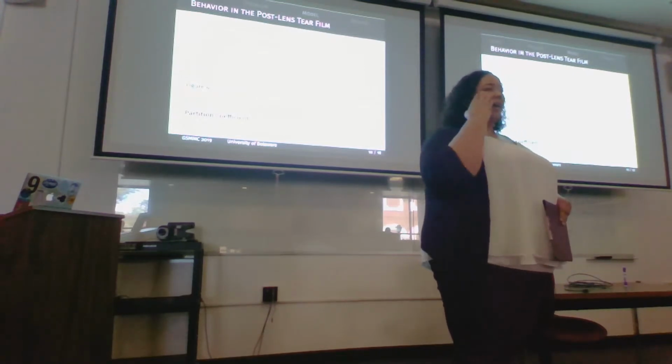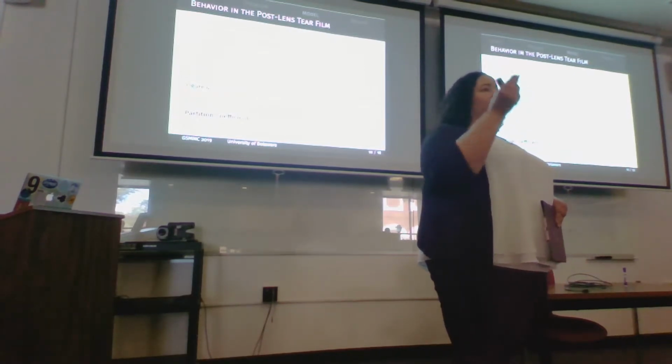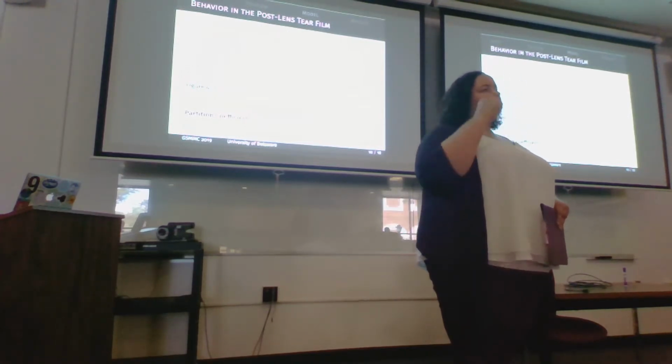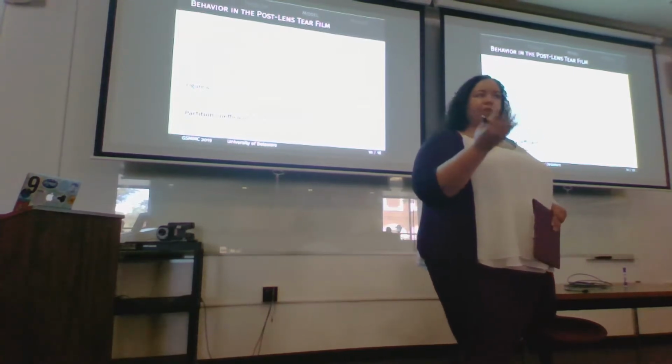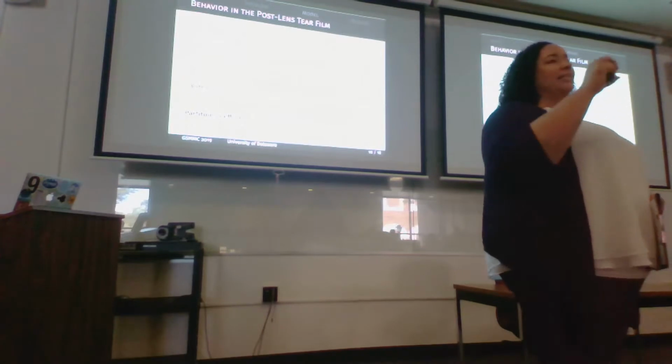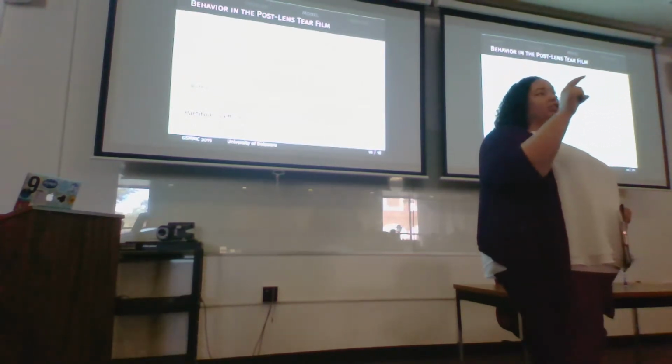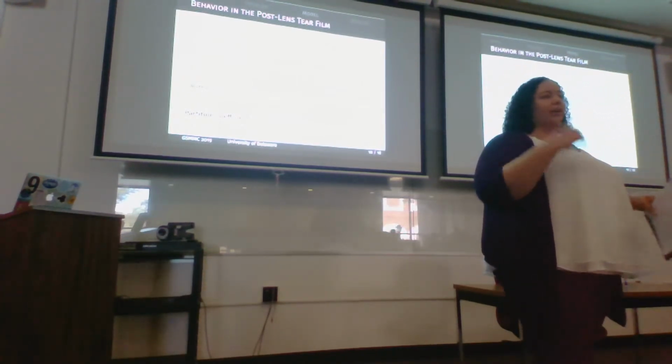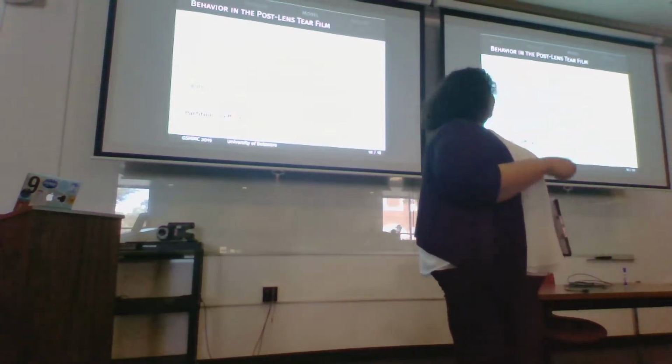We're only looking at the rebound effect. So when it's compressed, how does it replenish throughout the blink cycle? We want it to happen fast at first, so that the post-lens height gets large quickly, but then slows down a bit. That was what we were going for with this model.